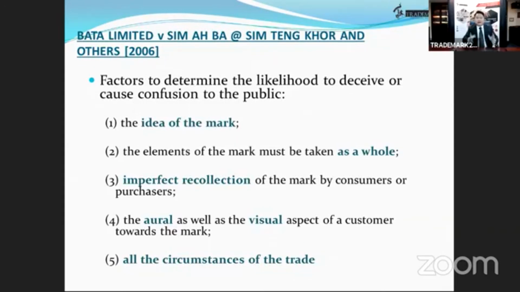If the answer is yes, then there will be confusion. Then there will be infringement. We call it the imperfect recollection test. Meaning that they use the memory of an ordinary consumer to judge and see whether this confusion arises.